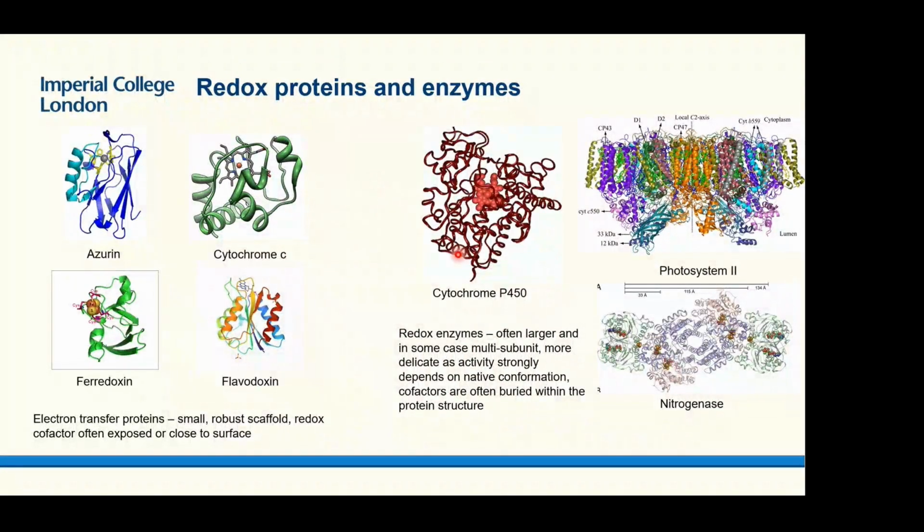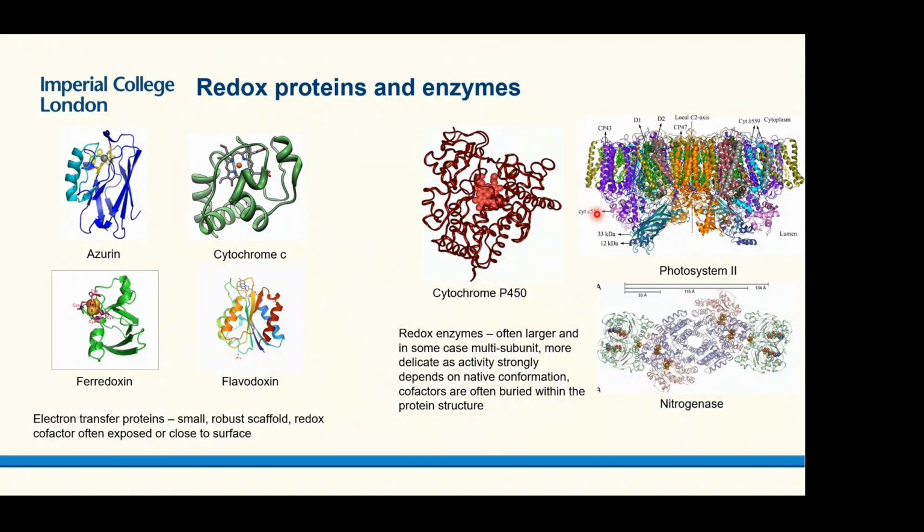In this case, as we said before, the structure and the dynamics are important to maintain the catalytic reaction. The cofactor is very often embedded deeply inside the protein because the protein tries to avoid spurious reactions, so the catalytic site and the cofactor are embedded within the structure, away from any possible interaction with molecules within the cell.